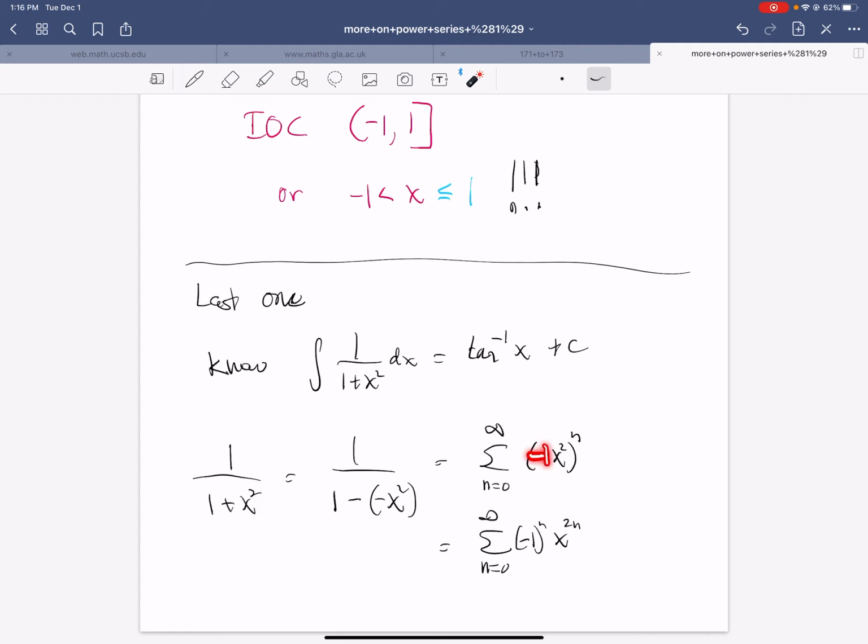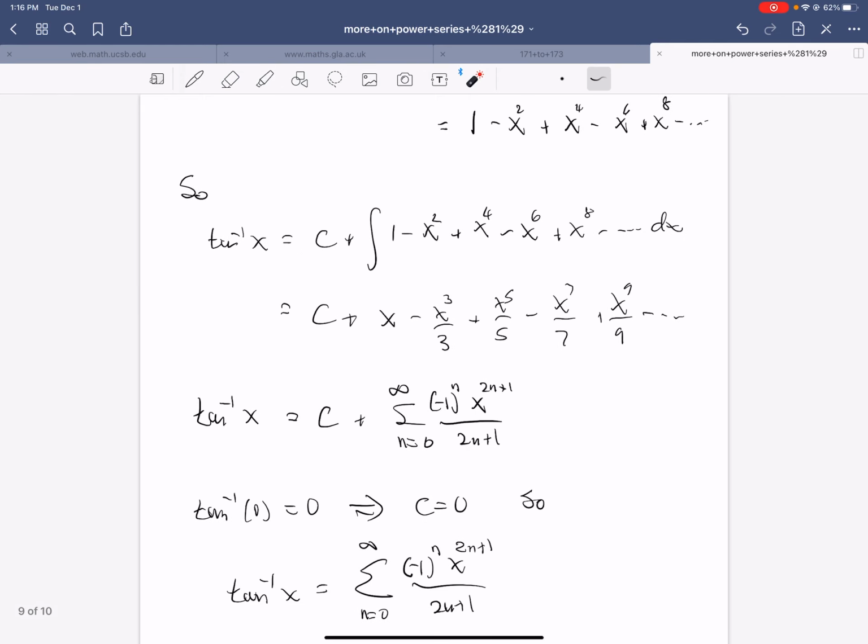The negative 1 to the n then pops out, and we have x to the 2n. If I write that out a little bit, there's what it looks like. And so then I know that arctangent is c plus whatever this antiderivative turns out to be. But this is nothing more than 1 over 1 plus x squared, just expanded out quite a bit.